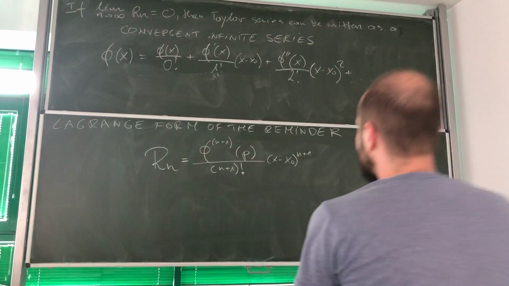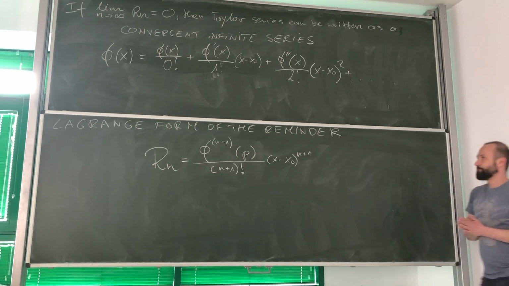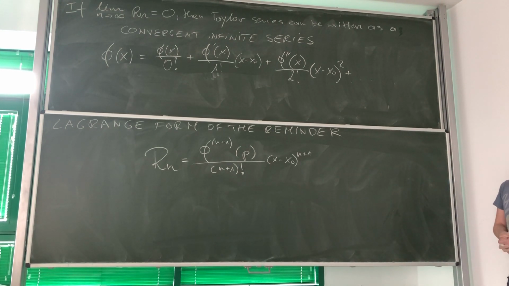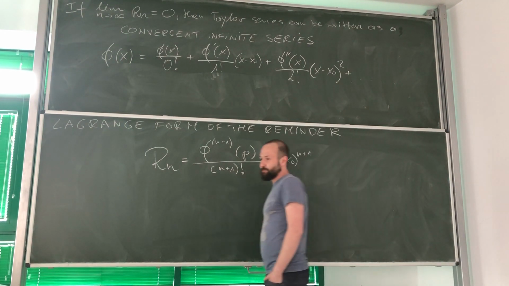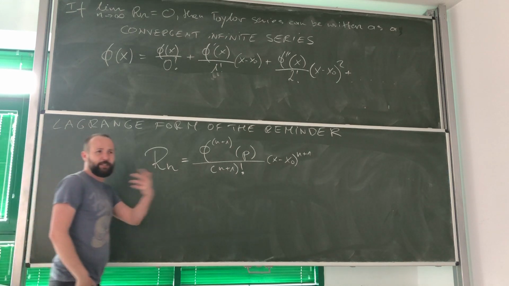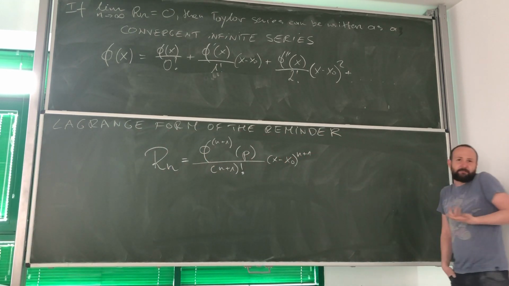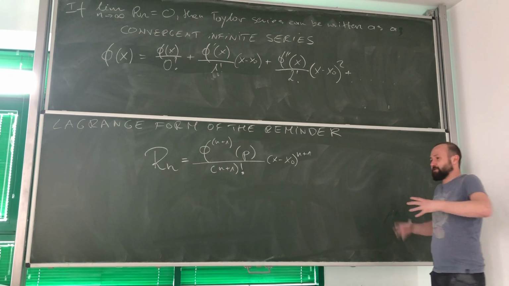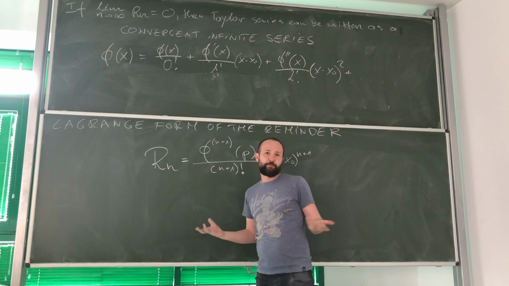Hi. So the last thing about Taylor series that we haven't discussed yet is the remainder. Of course, if we use linear, quadratic or cubic approximation, this remainder is going to be bigger the further we go from the point of approximation.